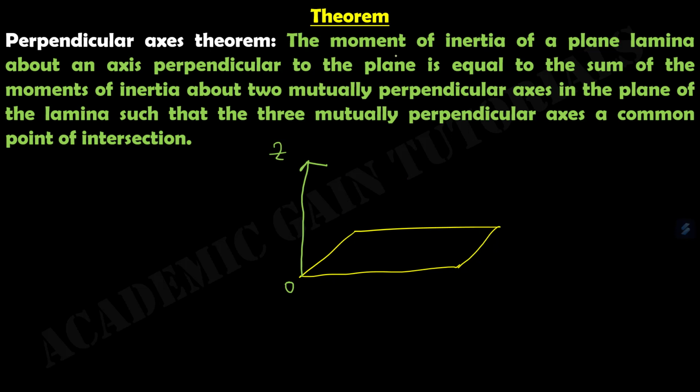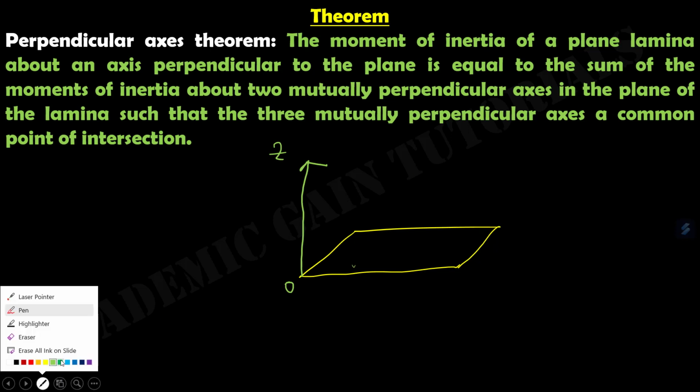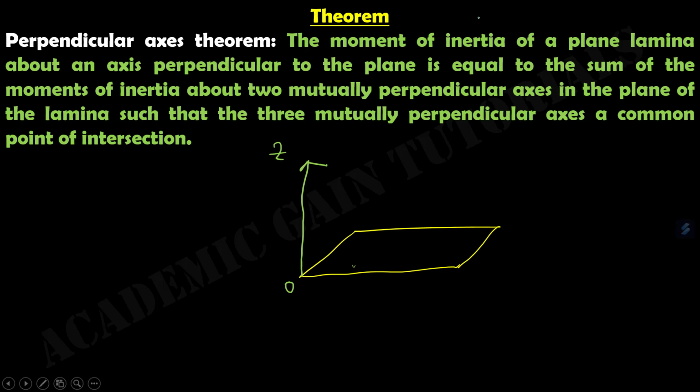It says that the moment of inertia of a plane lamina about an axis perpendicular to the plane, so this OZ is perpendicular to the plane, is equal to the sum of the moments of inertia about two mutually perpendicular axes in the plane of the lamina. So we have to draw two axes which are mutually perpendicular in the plane of the lamina. So this is the plane. So we have to draw two axes.